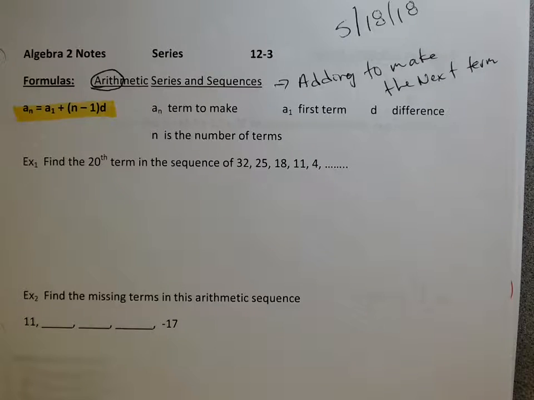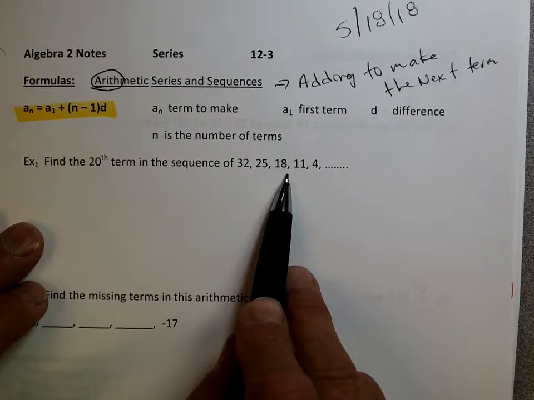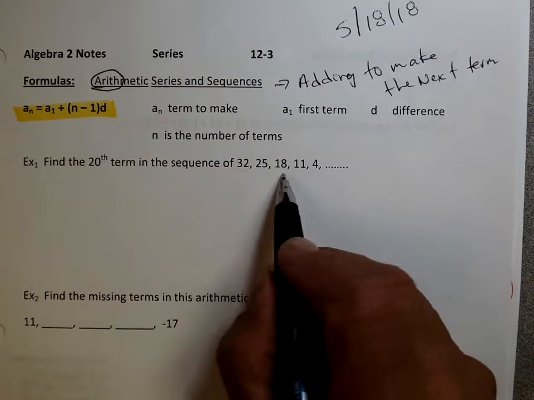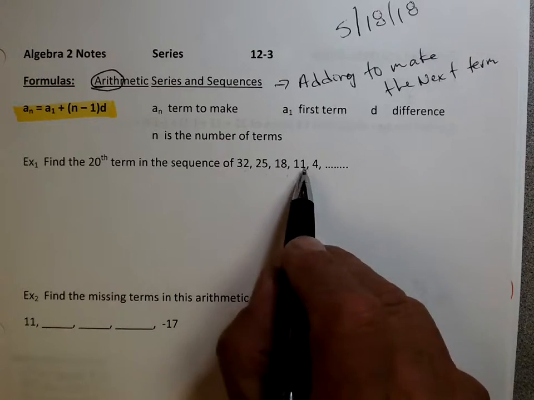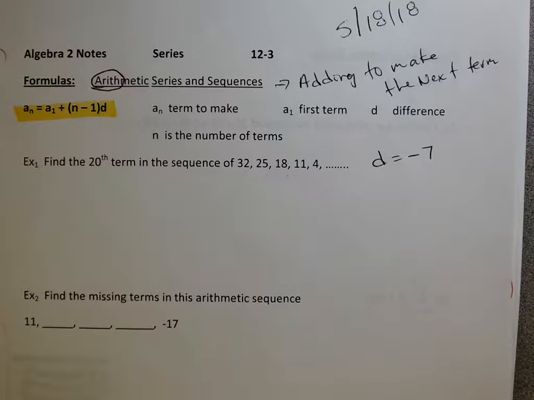Okay, so find the 20th term in the sequence of 32, 25, 18, 11, 4. Now, first of all, is it arithmetic? Well, seems like we're going down by 7 each time. So D is going to be -7 because we're subtracting, right? So if we want the 20th term, that's easy.